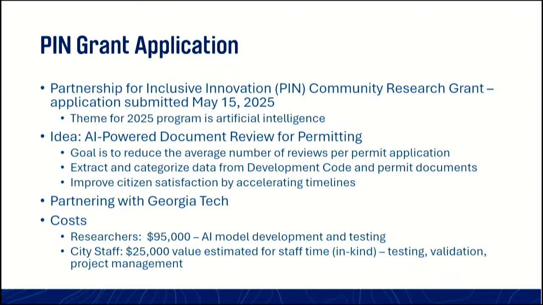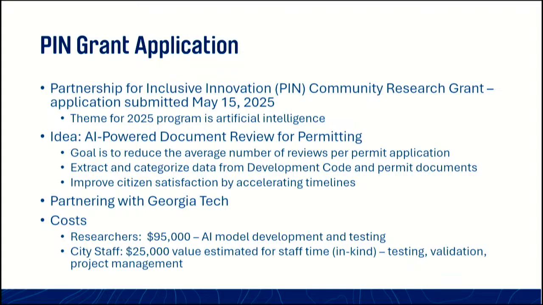Our idea was to leverage AI to review documents in the permitting process with the goal of reducing the average number of reviews. By using the models to extract and categorize information, it can speed up and ease the manual process on staff. With a more automated review, staff can focus more on complicated projects and requirements.